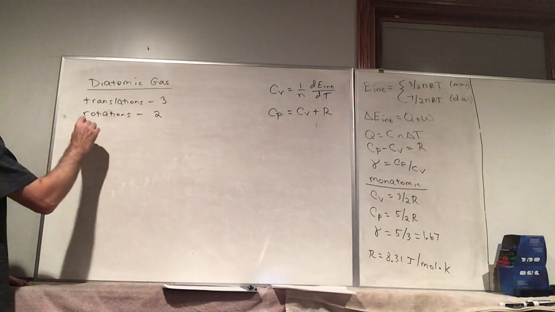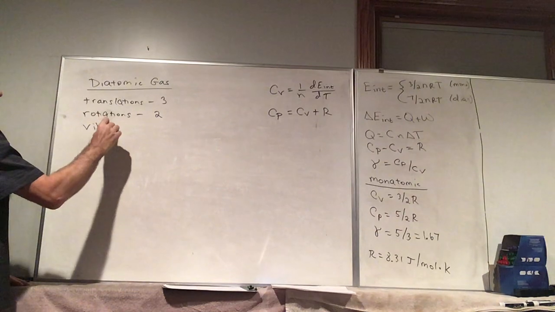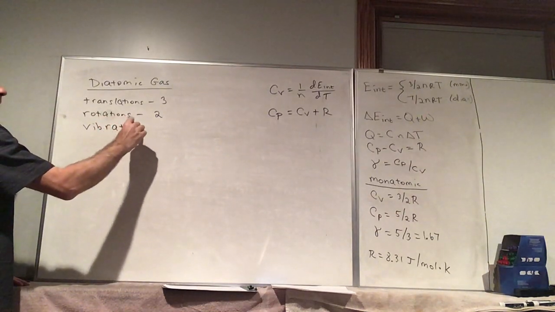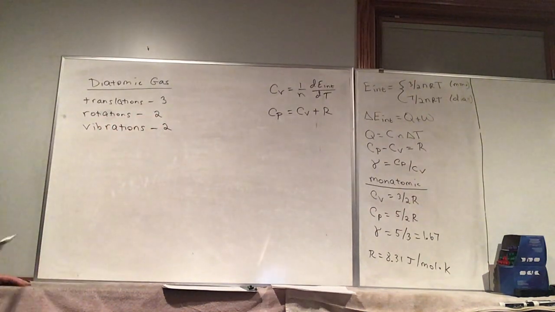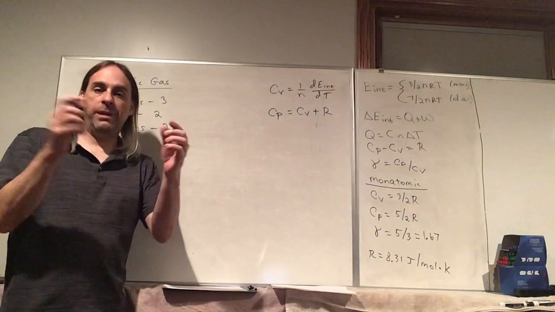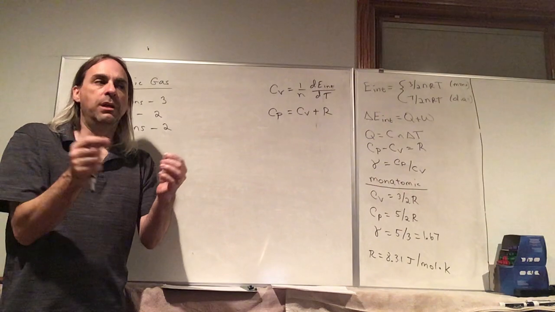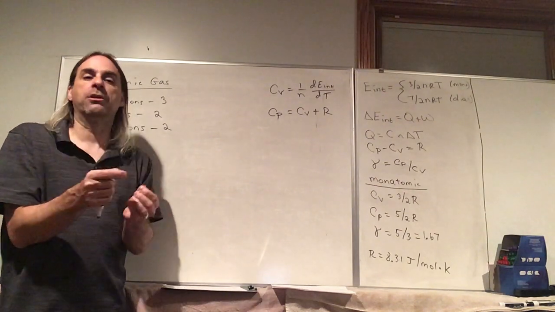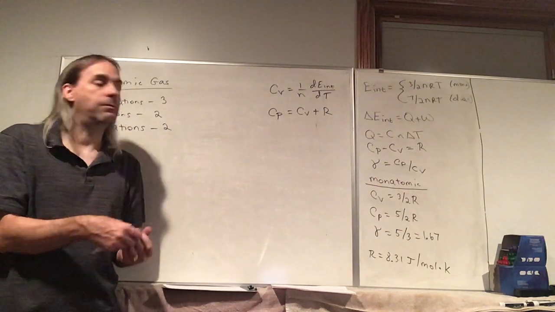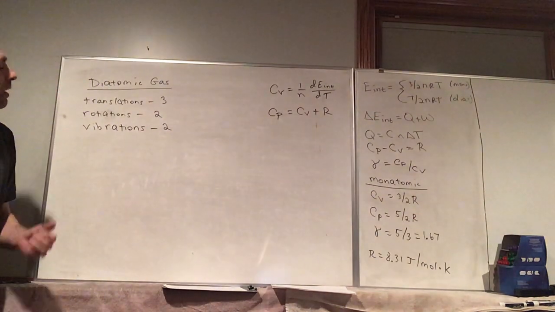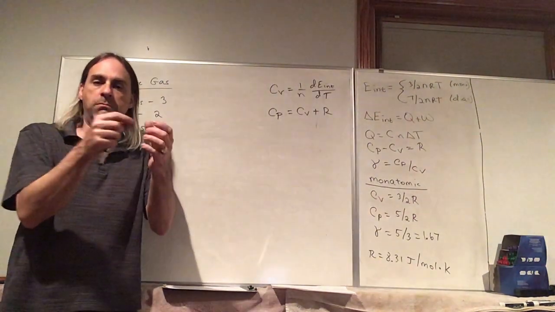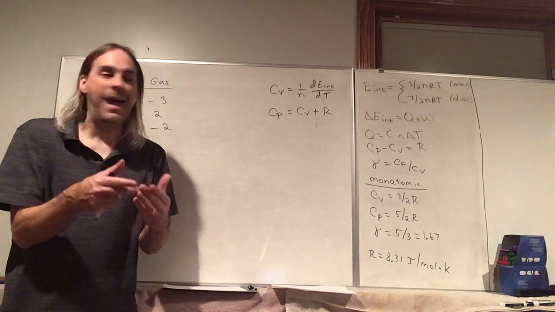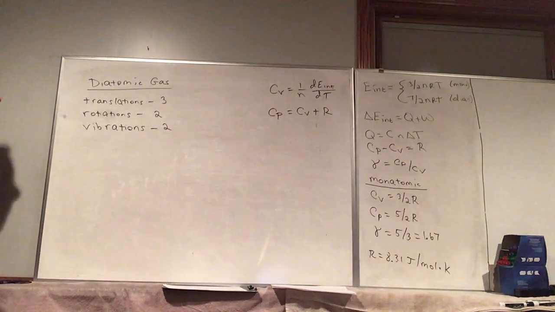And then vibrations. We would expect 2 more degrees of freedom. Like the atoms are moving back and forth. There's that electrical potential energy, which is quadratic, like a spring force. And the movement of the individual atoms have kinetic energy. So that'd be another degree of freedom.